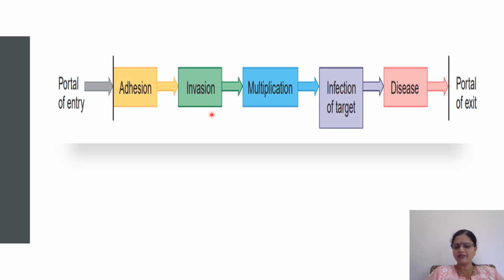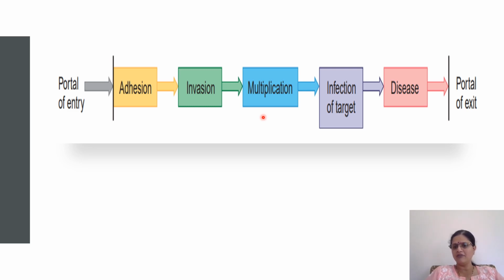Once it invades the body tissues, the next thing it does is increase in its number by using the body mechanisms, the body fluids and enzymes and other nutrients. That is called multiplication.